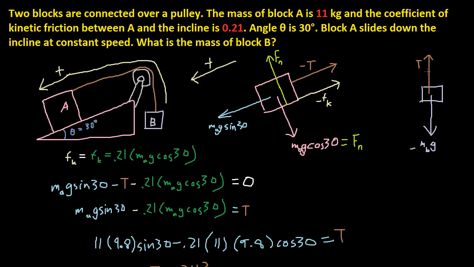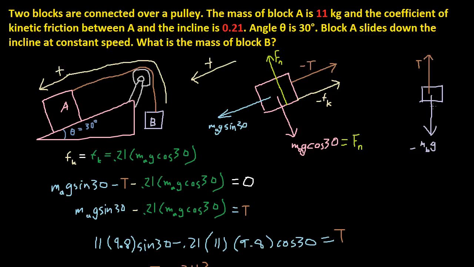Since the tension is 34.3, and block A slides down the incline at constant speed, we know that block B is also going up at constant speed, positively. Since it's constant speed, acceleration is 0, which means the net force is 0.